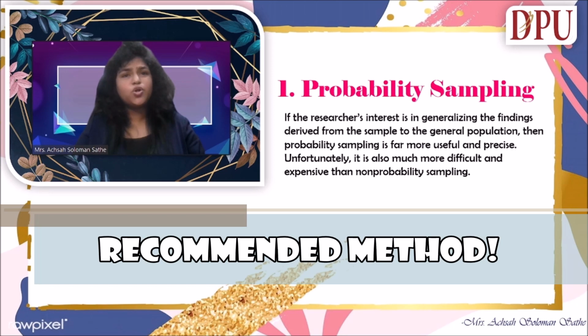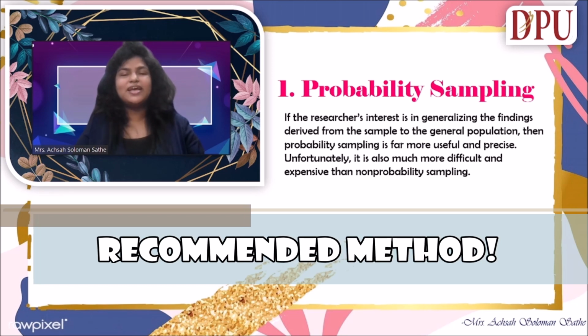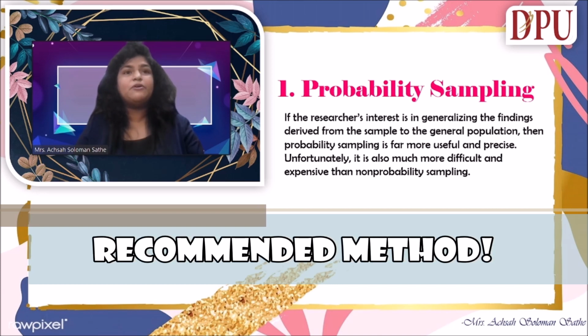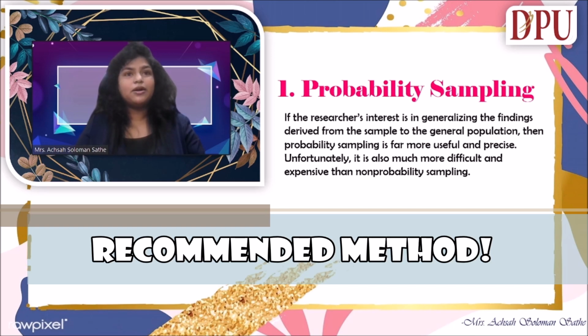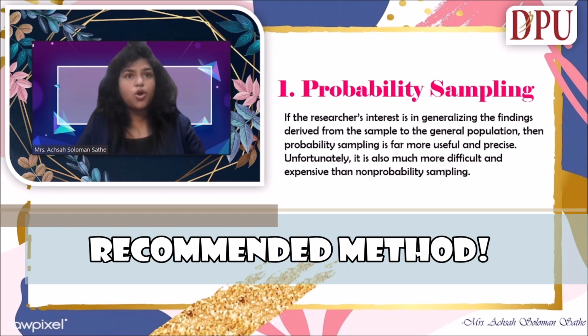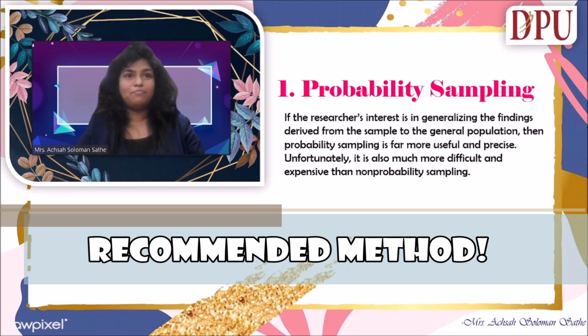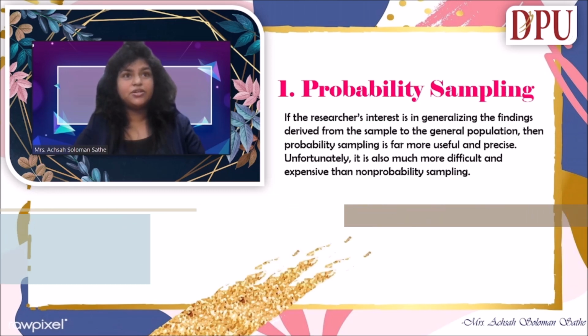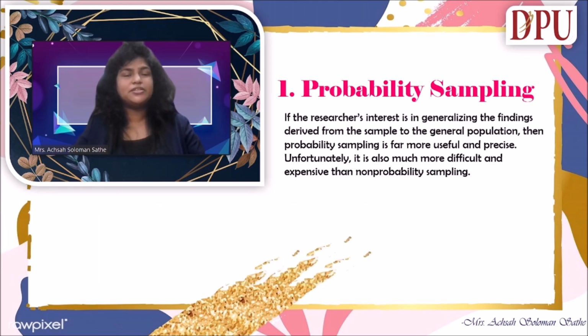Unfortunately, it is also much more difficult and expensive than non-probability sampling. So, if the researcher is really interested in perfectly generalizing the findings on the population that he has in mind, he surely has to use probability sampling, where in the sample you have every single character that's a perfect representation.